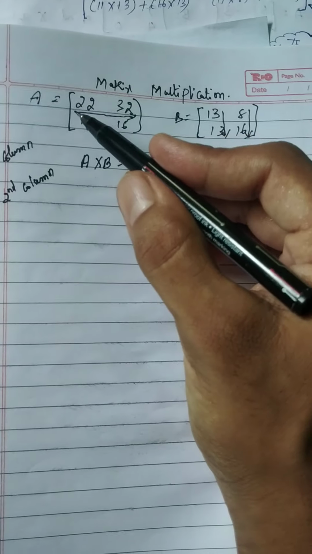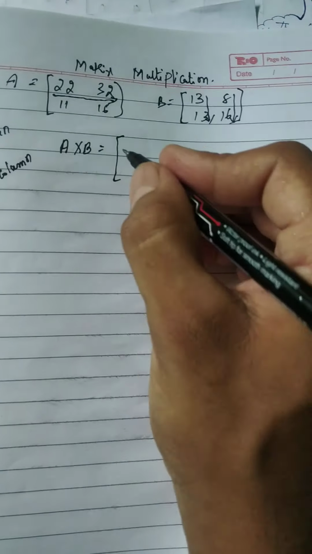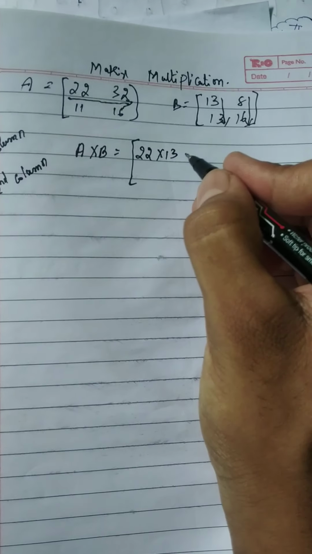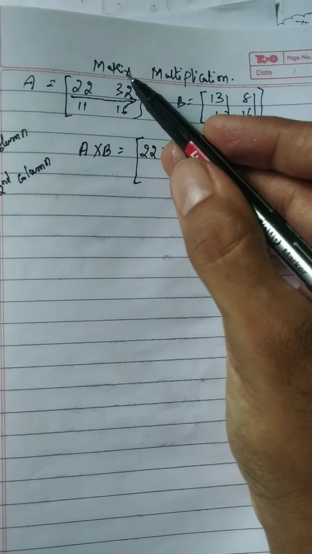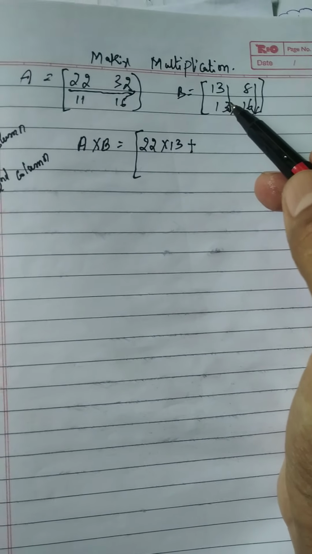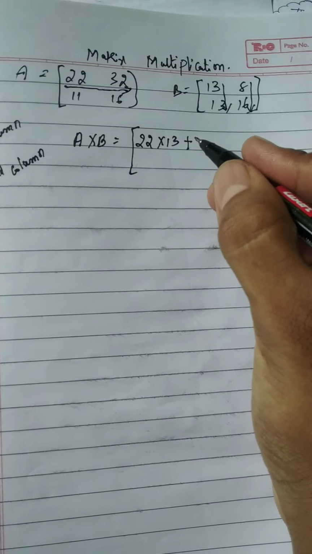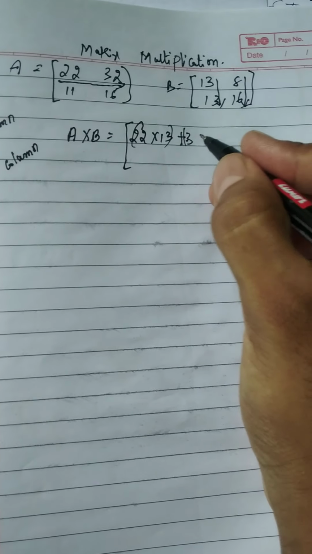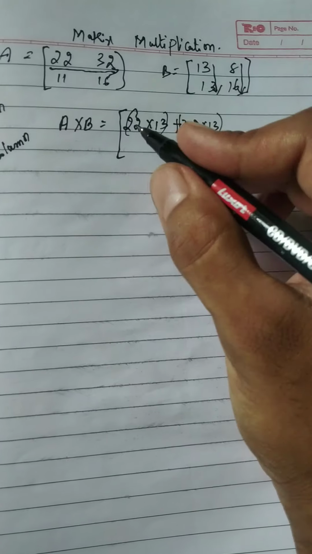The first element I'm supposed to multiply with the first element of the matrix B. So it is like this: 22 times 13, then add that with the second element of the first row with the second element of the first column. So that goes like this: 32 into 13, in brackets. So this is the first element of our product.